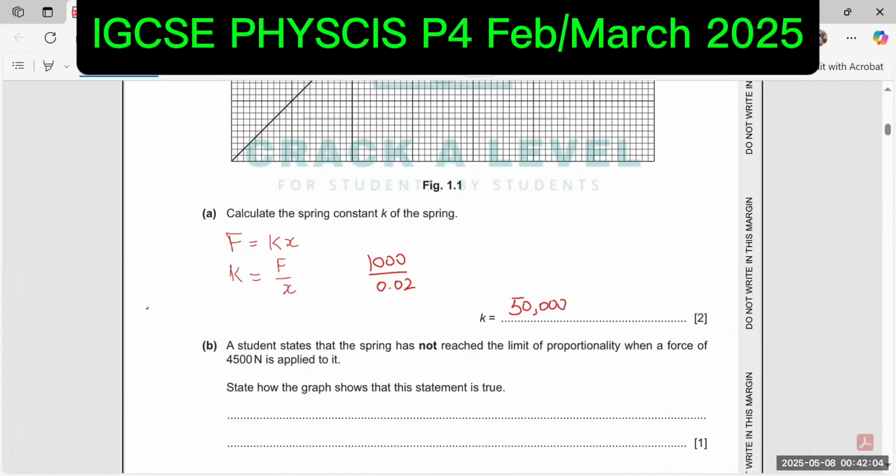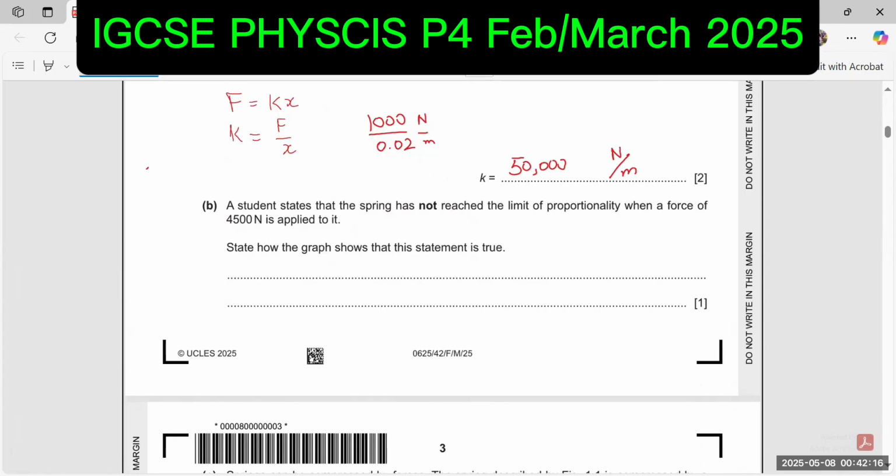Okay, what is the unit? The unit is Newton over meter. There is no unit given, so you have to write the unit Newton per meter. Students state that a spring has not reached the limit of proportionality when the force 4500 is applied. State how the graph shows that this statement is true.